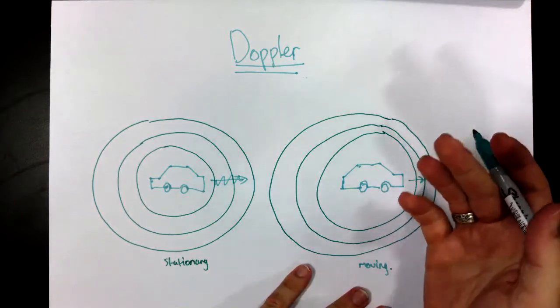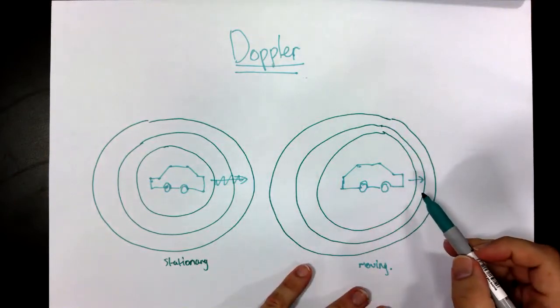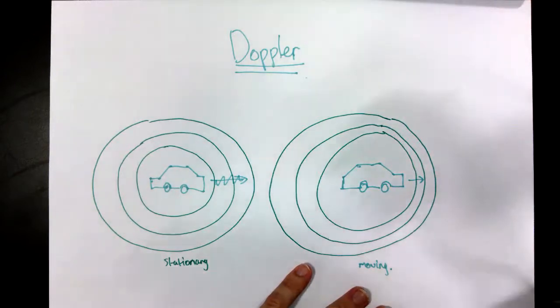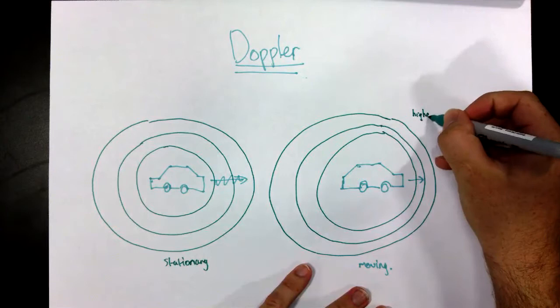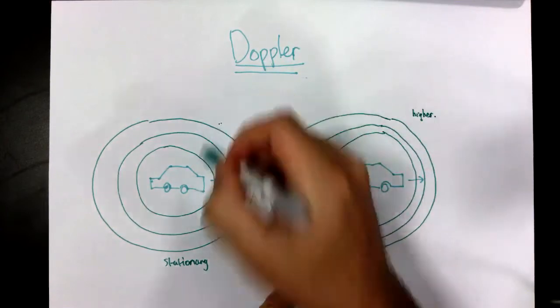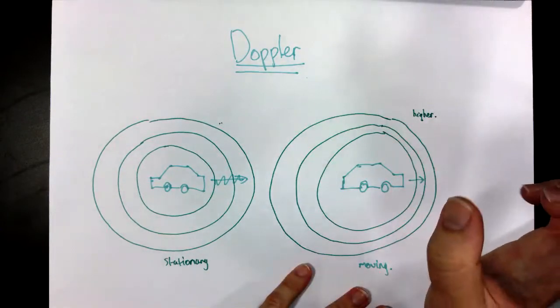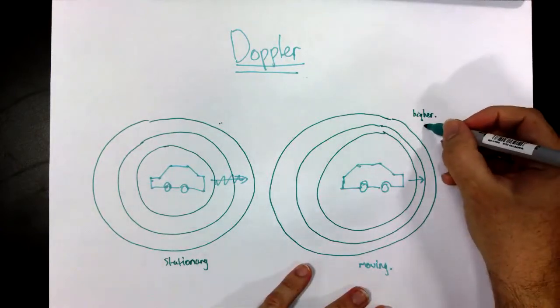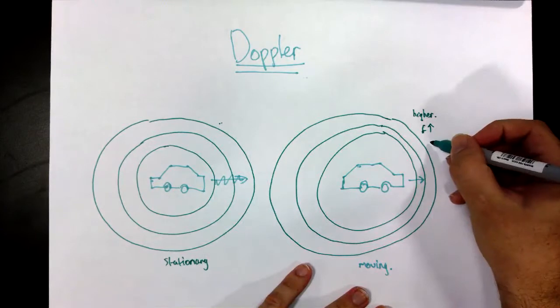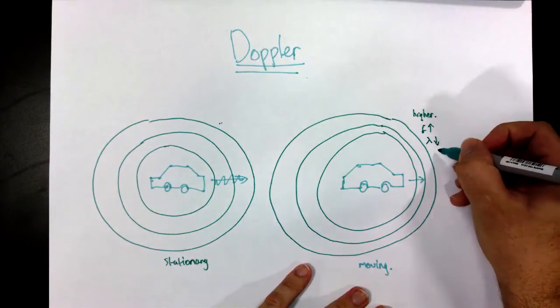Hopefully you remember that when wavelength decreases, the frequency increases, and hence we hear a higher pitched noise. So this will appear higher pitched than what you heard over here, because the wavelength has decreased and the frequency has increased.